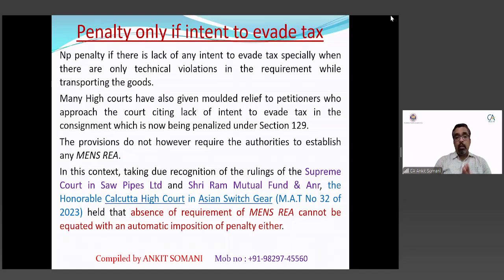But yes, the officer who is intercepting the vehicle must clearly identify whether there was an intention to evade the tax. In cases where there was no such intention to evade the tax, in my personal opinion, I humbly submit that there should not be any case created, or any adverse orders passed under Section 129 per se.